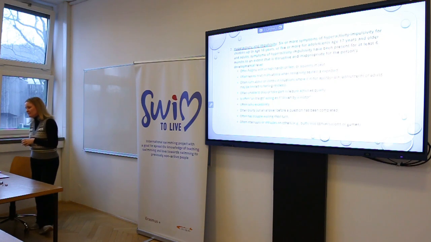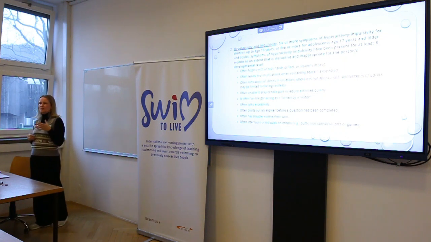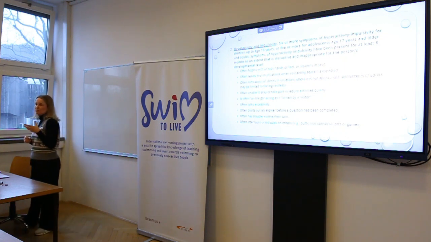And the last one, they often interrupt or intrude on others. So they butt into conversations or games, which is really problematic for social skills, so to say. So they are not quite popular with their peers.